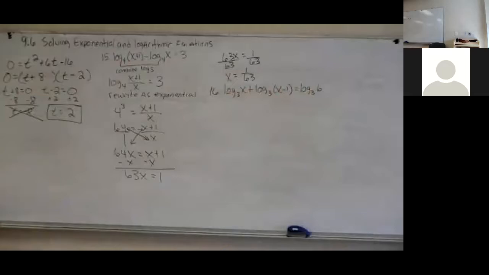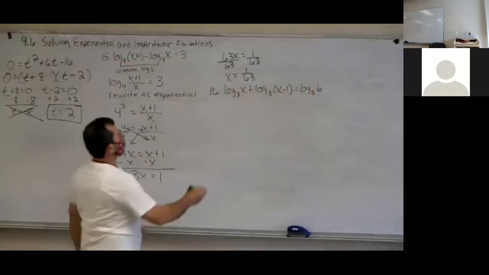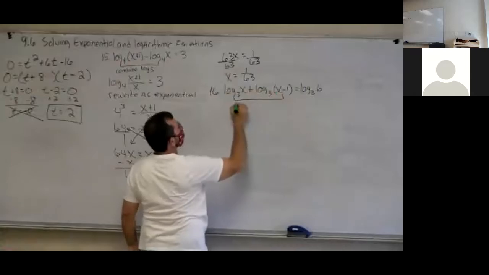Now, I will tell you, if you wanted to bring that log base 3 of 6 to the other side, you could and still work those, but it's a lot longer process. So I'm just going to keep y'all doing log equals log stuff. But you got 2 logs over here, so we're going to combine logs.